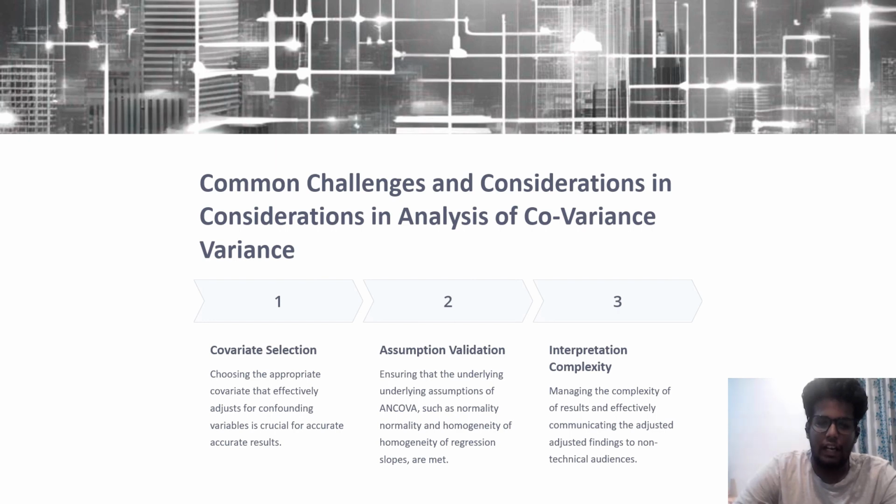Ensuring that the underlying assumptions of ANCOVA, such as normality and homogeneity of regression slopes, are met so that it doesn't cause any future problems. Third is interpretation complexity. Managing the complexity of the results and effectively communicating the adjusted findings to a non-technical audience.